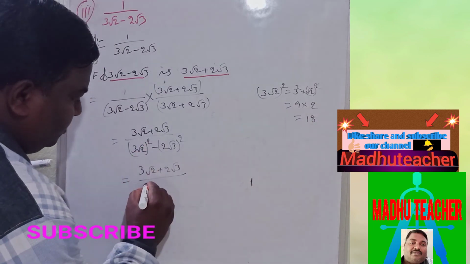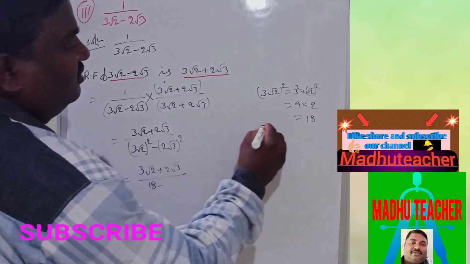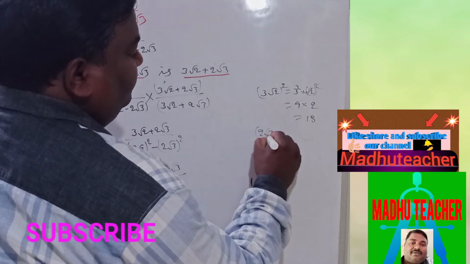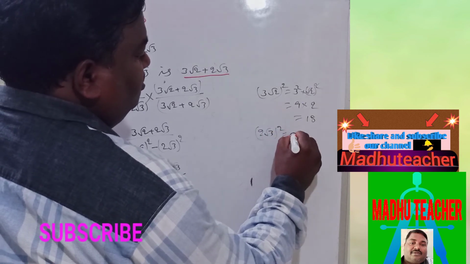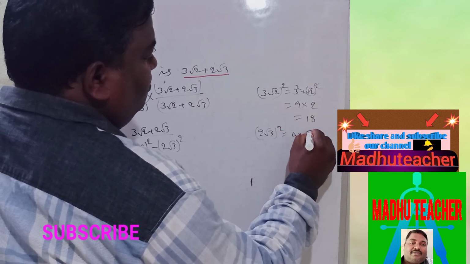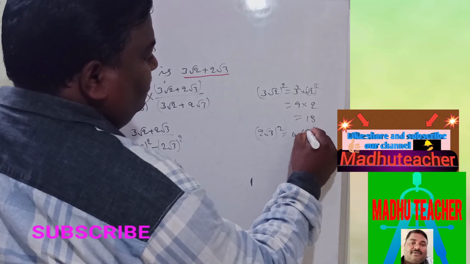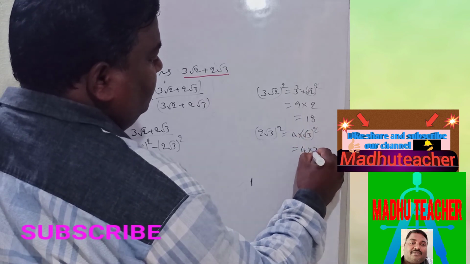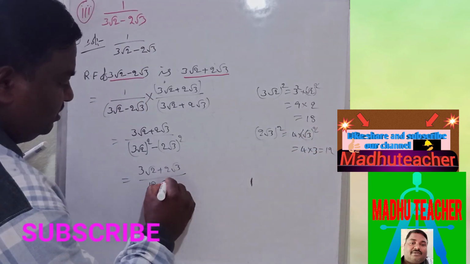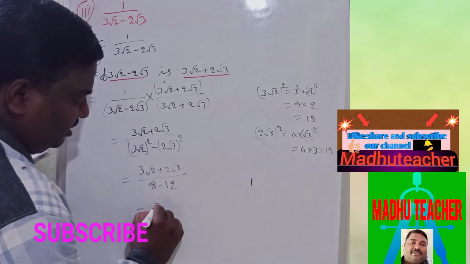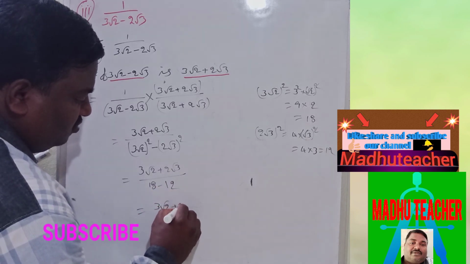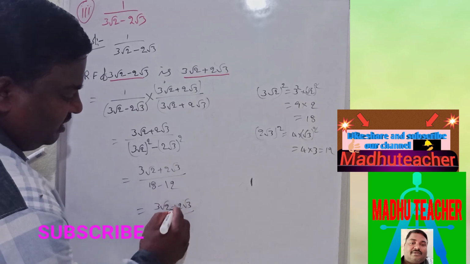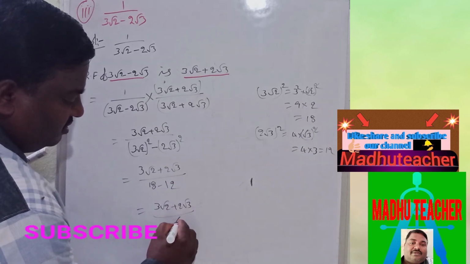So it is 18 minus 2 root 3 whole square. 2 square is 4, root 3 whole square, the square and root get cancelled, 4 threes are 12. So it is 12. That equals 3 root 2 plus 2 root 3 by 18 minus 12, which is 6.